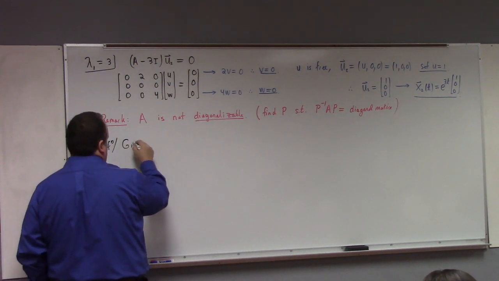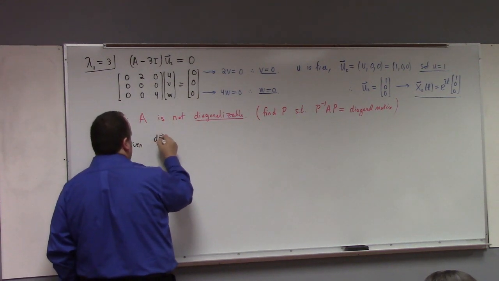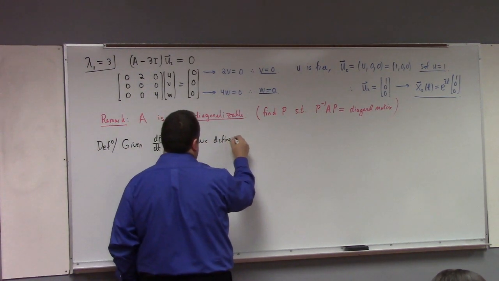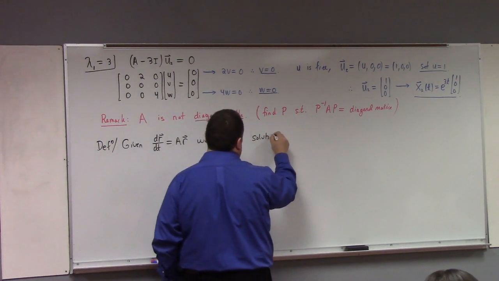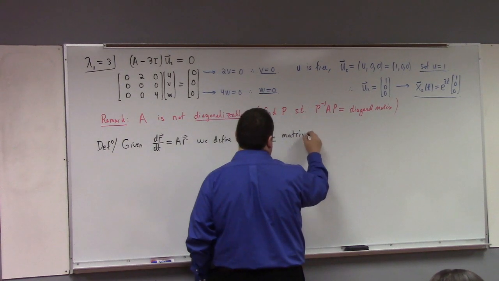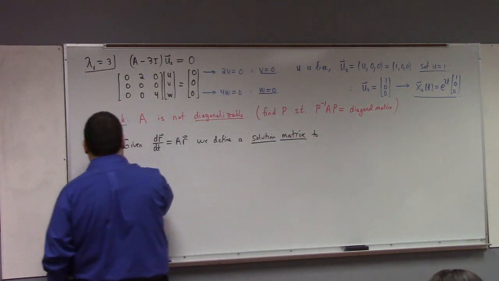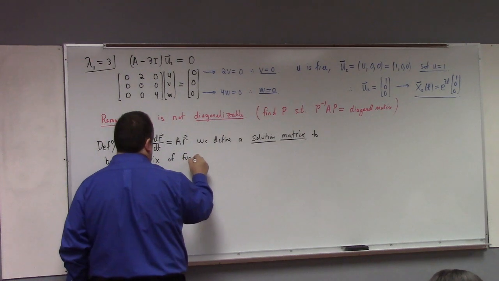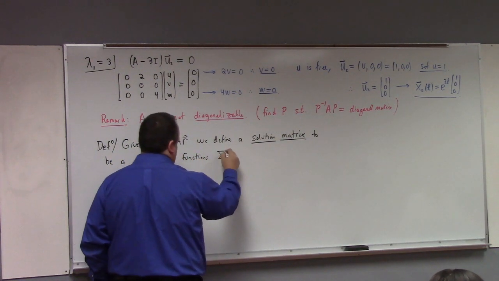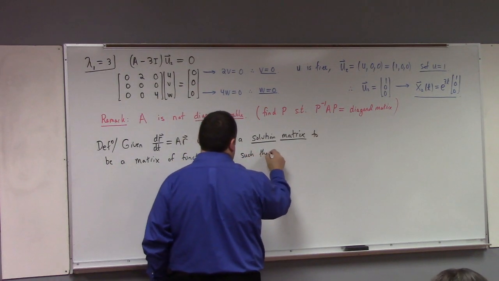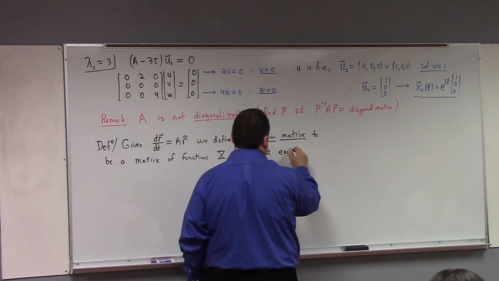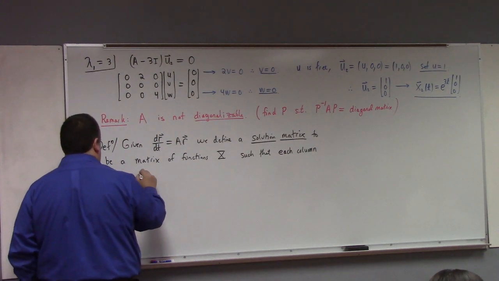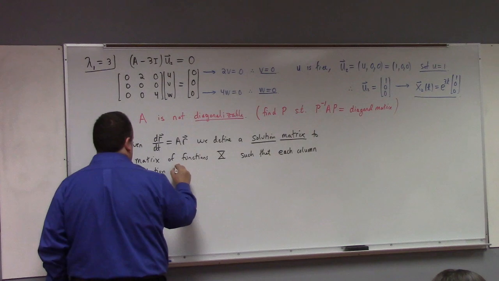Given dR/dt equals AR, we define a solution matrix to be a matrix of functions, let's say big X, such that each column is a solution to star.